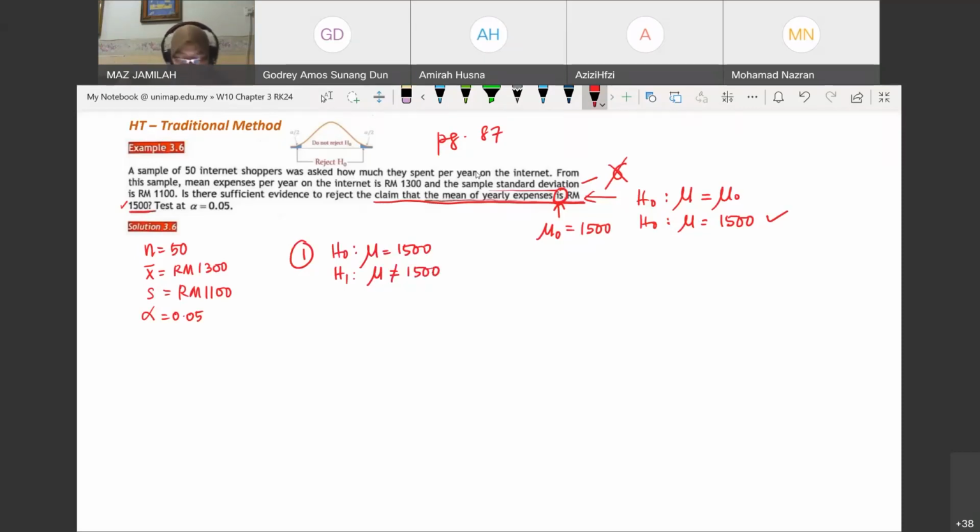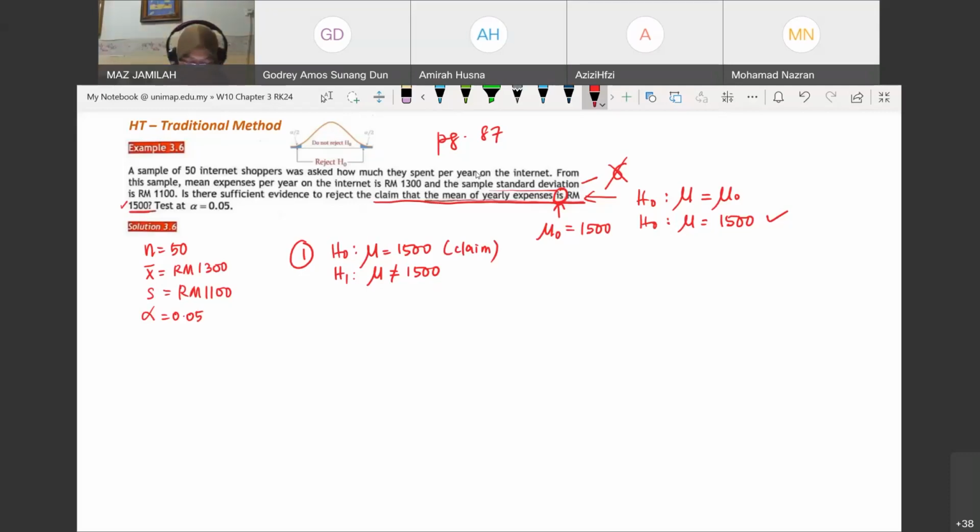Which of the two is the claim? Based on this sentence, the claim is this one. That's how we develop our hypothesis statement and identify the claim. If you have any question, just stop me.